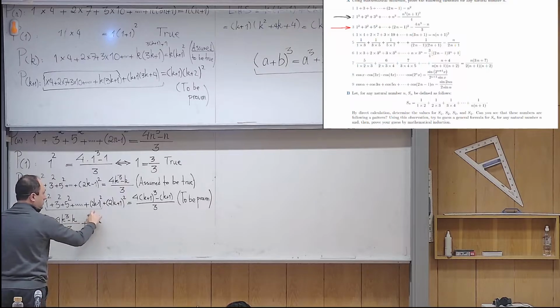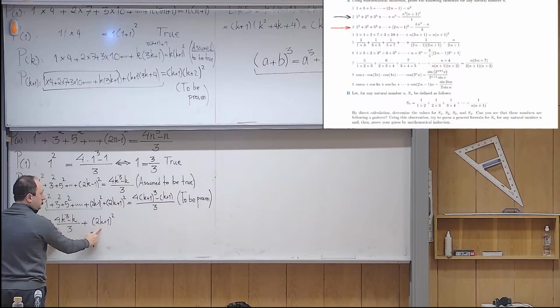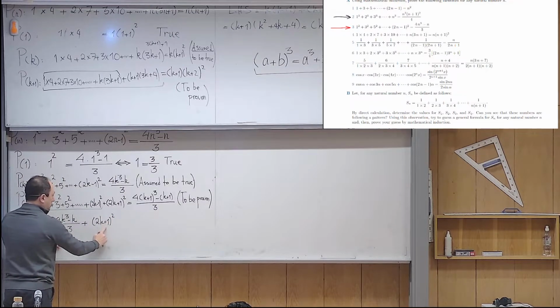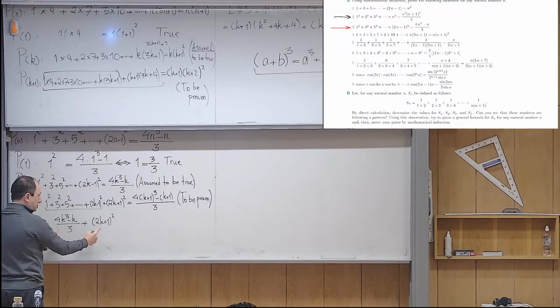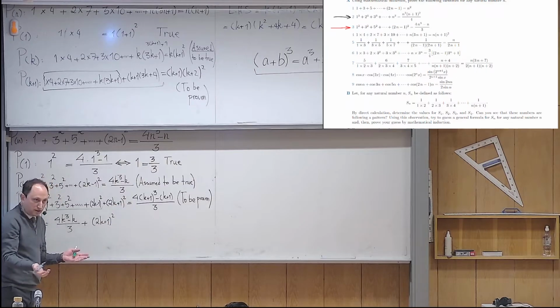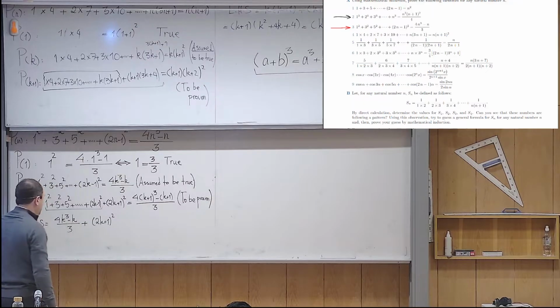And then I have another expression coming in. Now my goal is to simplify this algebraically to show that this expression is equal to that. The mathematical induction lesson is finished here. Going from here to here is not a Math 5 lesson, it is just Math 2C, how to simplify expressions.